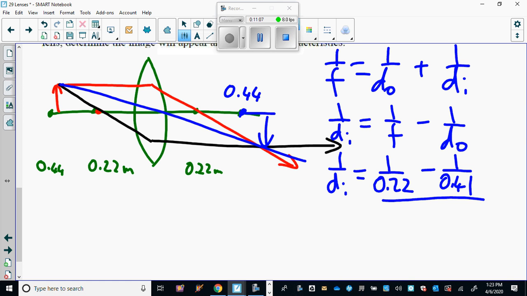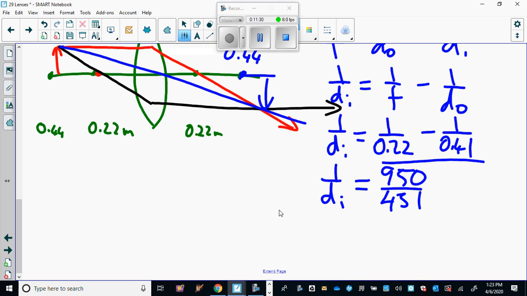Oh my goodness. Okay. 950 over 451. Yep, that appears to be correct. Okay, and then solve for DI, so just cross multiply and divide.